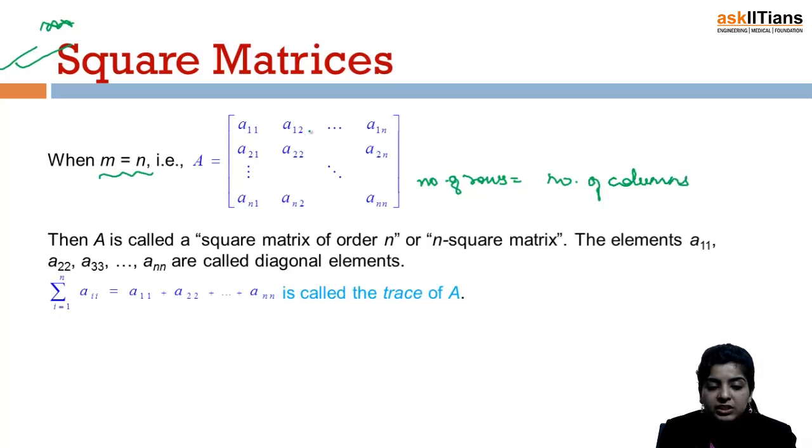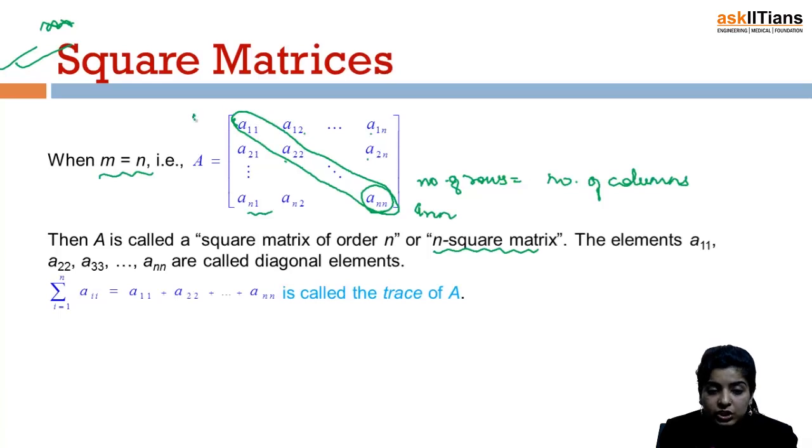So I have the matrix a11, a12, a1n, a21, a22, a2n, an1, an2, ann. Just note that we have ann and not amn. So we term it an n square matrix or a square matrix of order n. The elements a11, a22, ann are termed the diagonal elements. Just see, these are the diagonal elements, or you can say the elements for which i equals j.